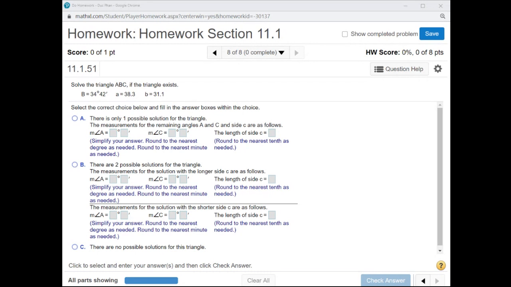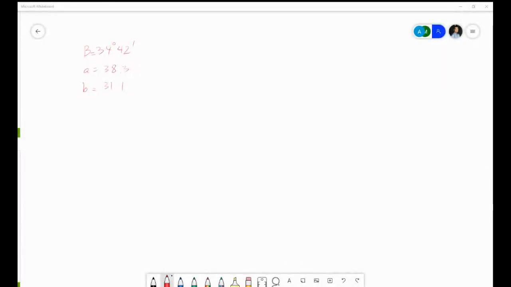Okay, let's see here. We have B, 34 degrees and 42 minutes. A, 38.3. Side B, 31.1. All right, let's draw this triangle here.